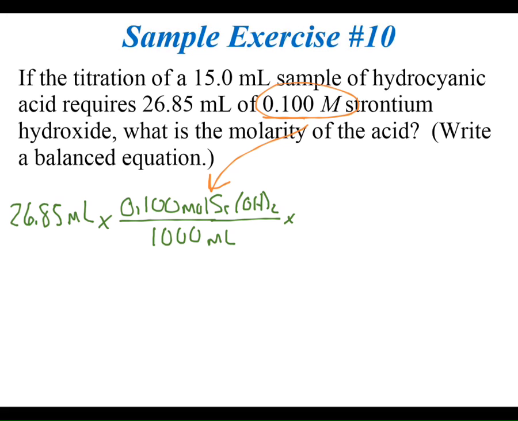Now, what's the relationship, though, between strontium hydroxide and HCN in our balanced equation? Yeah, mole to mole, which is what? 1 to 1, 1 to 2, 2 to 1, what is it? For every 1 strontium hydroxide, we neutralized 2 moles of HCN, right? So 1 mole strontium hydroxide per 2 moles HCN.